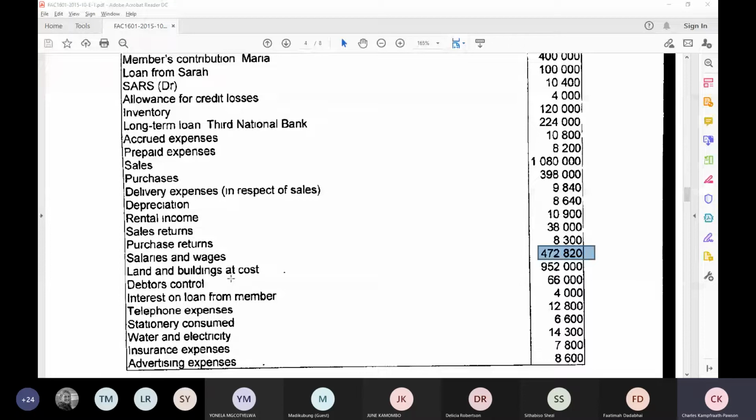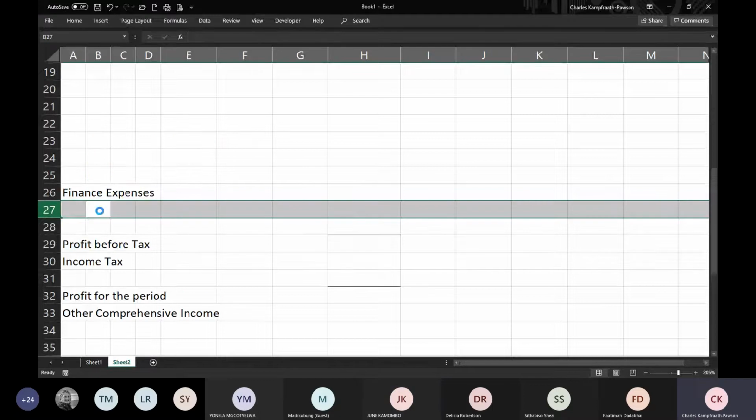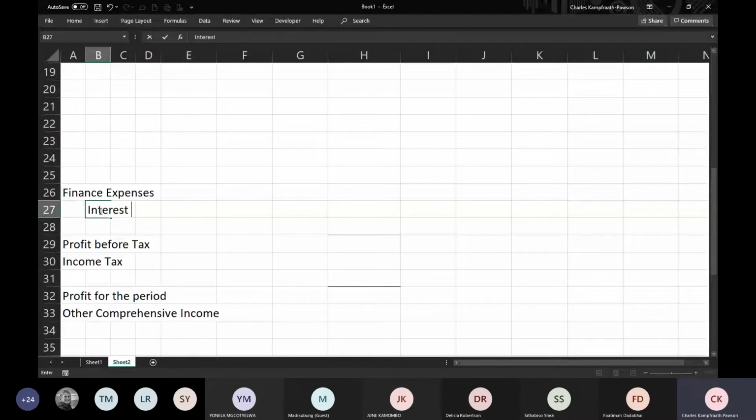So it is a liability, so it must be an expense. The only thing I'm doing with that, since there will probably be a calculation, is under my finance charges, I will say interest on loan from member. Or you can just say member loan if you want.